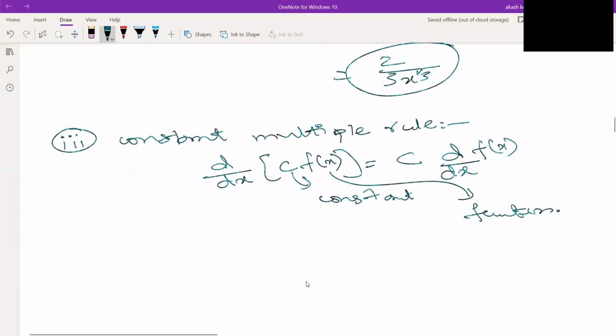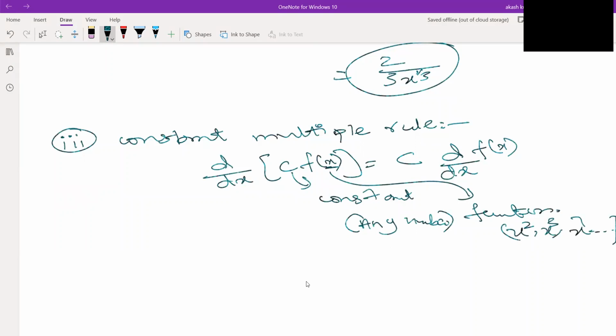Sometimes I get confused with the terms. Constant, I know, is any number, right? But what's a function? A function is in terms of x. It can be x squared, it can be x cubed, it can be 5x, it can be x to the power 7.